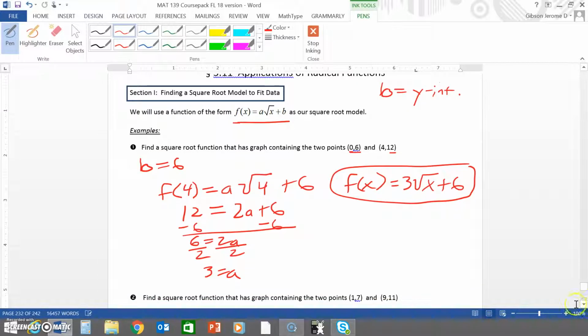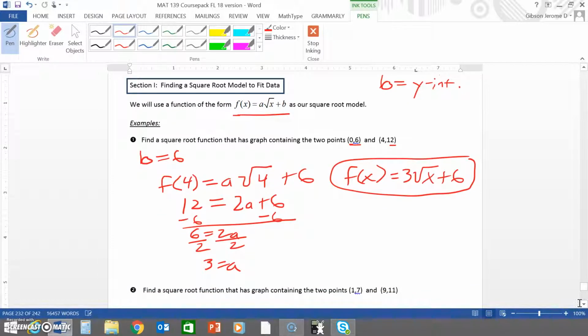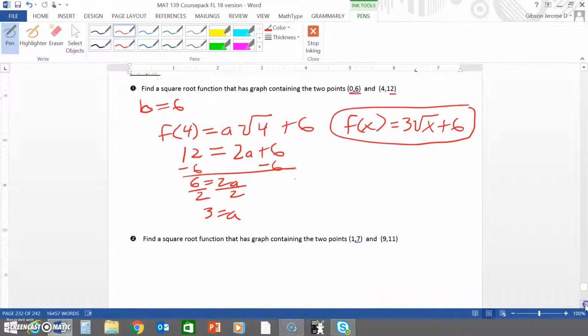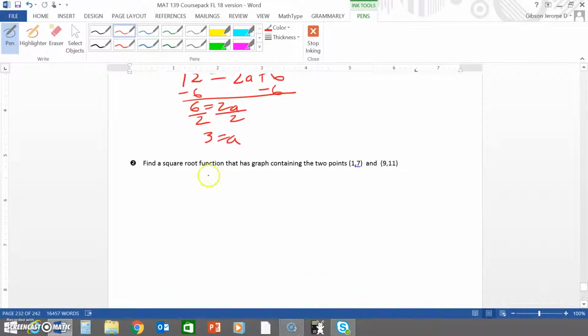Now we're going to utilize this formula most likely for the next problem, or maybe not. Let's take a look at this next problem. It says find a square root function that has a graph containing the 2 points (1, 7) and (9, 11). We're still in the process of finding the formulas to get used to this.